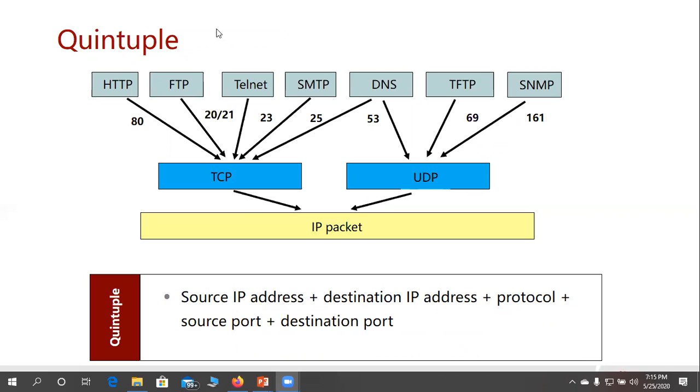Quintuple. So what is quintuple? This is a combination of source IP address. So you see, in networking, we have the source IP address, as well as the destination IP address. For example, when you're sending a letter to someone, maybe at the village, what do you put on the envelope?